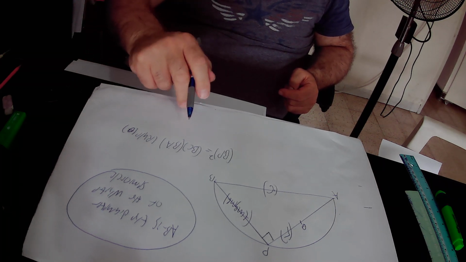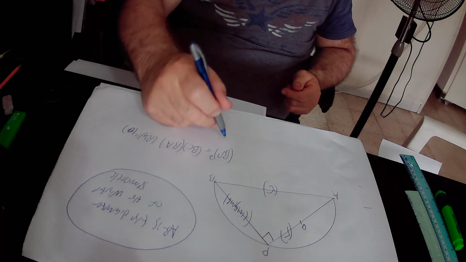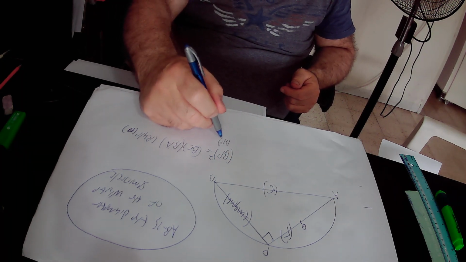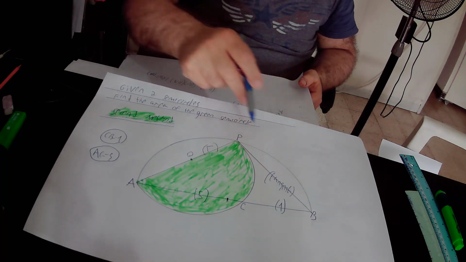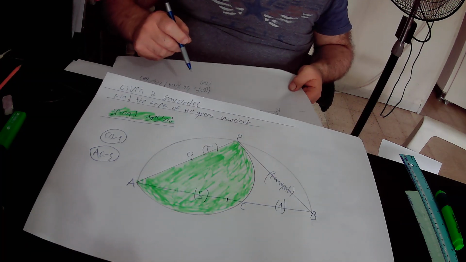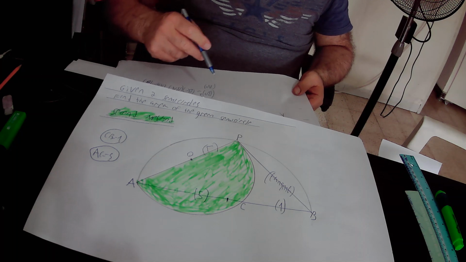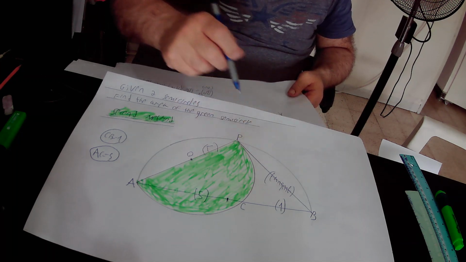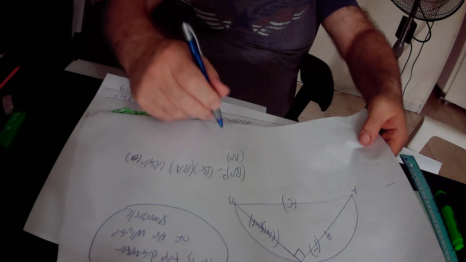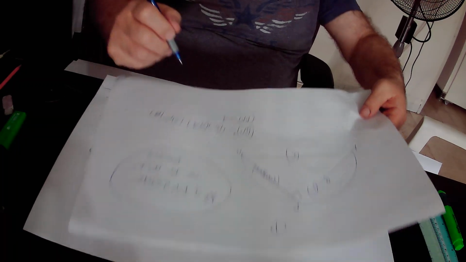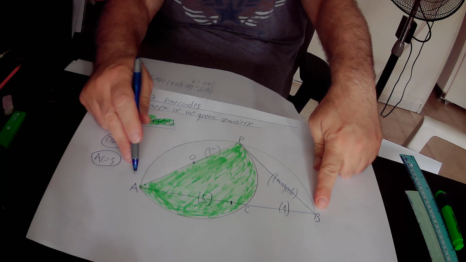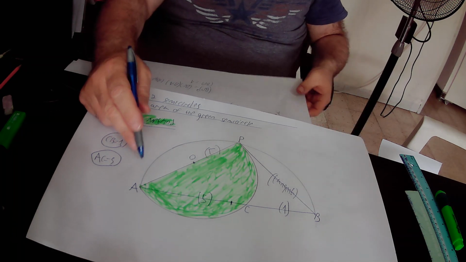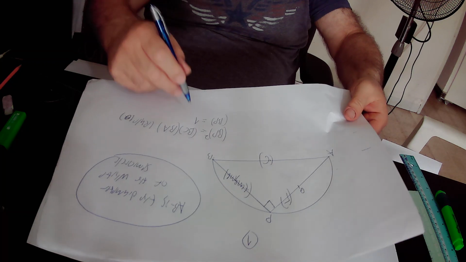So the tangent BP is the missing side, so we leave it as it is. According to rule 10, it is equal to BC times BA. BC is 1, therefore we substitute BC by 1, times BA. BA in total equals 5 plus 1, that is 6, so we substitute BA by 6.